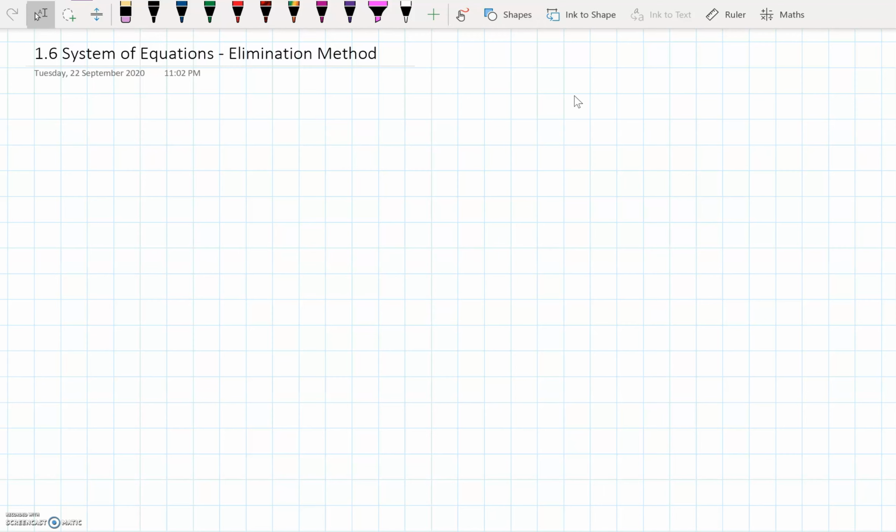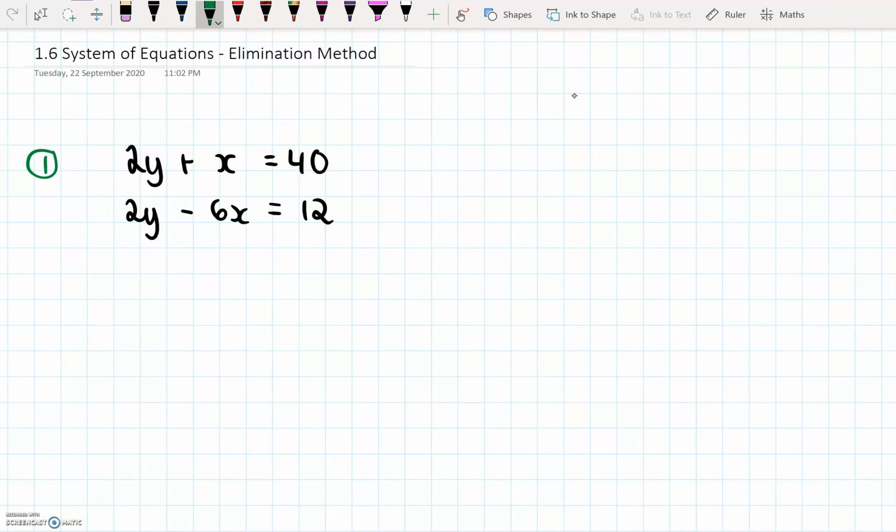If we have, for example, let's use a black pen, 2y plus x equals 40 and 2y minus 6x equals 12. Okay, so again, this is what we're going to call the elimination method.